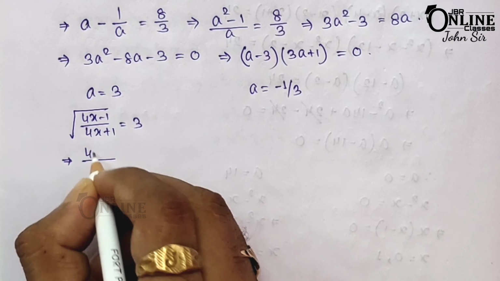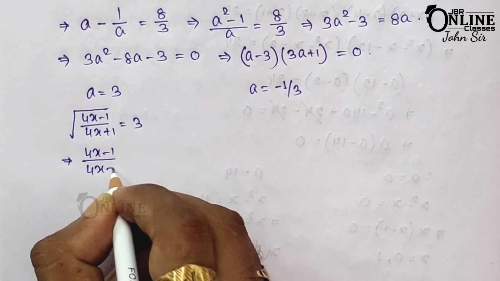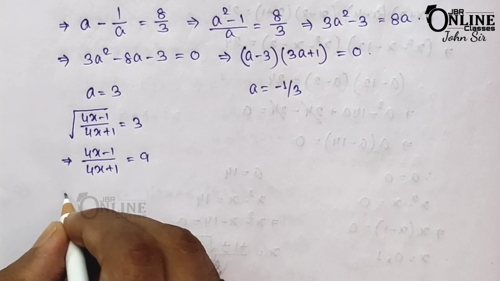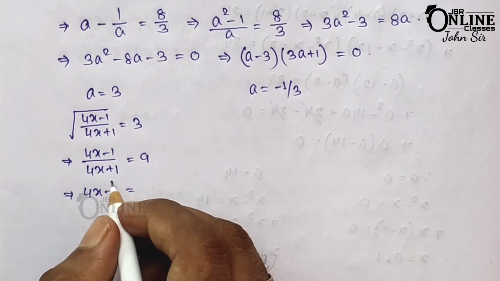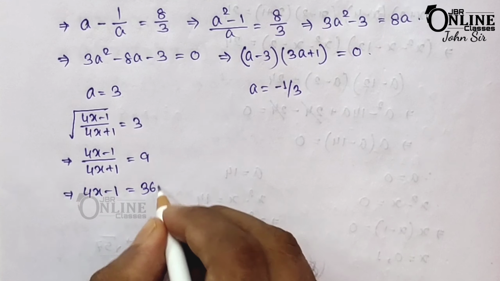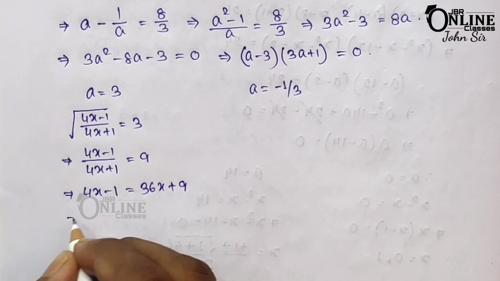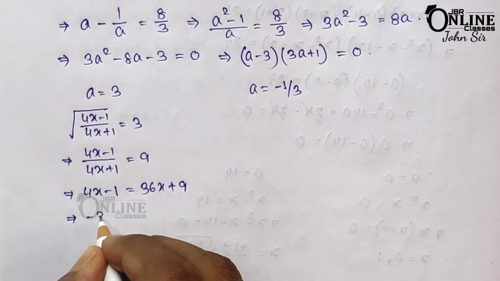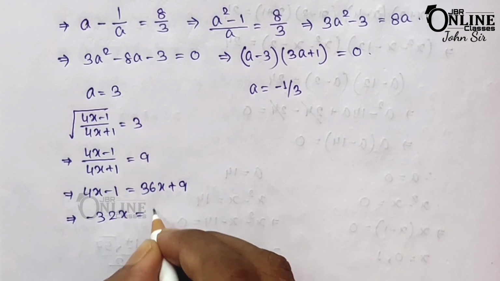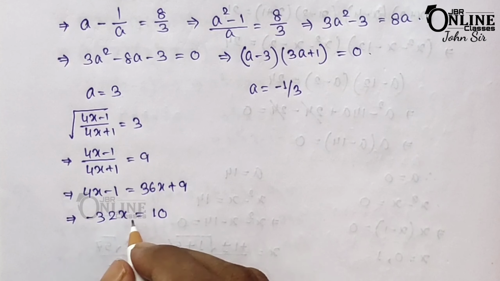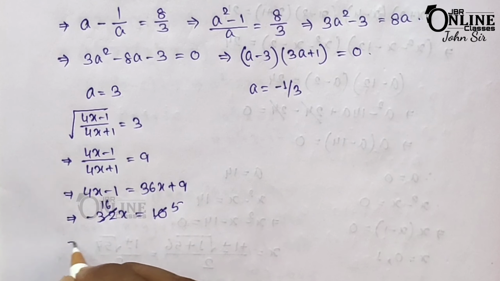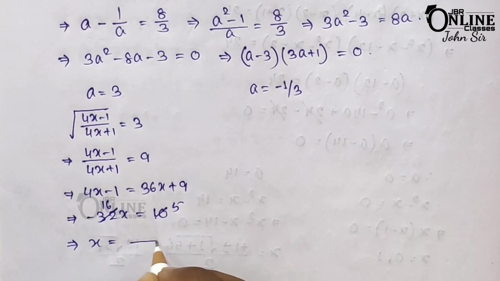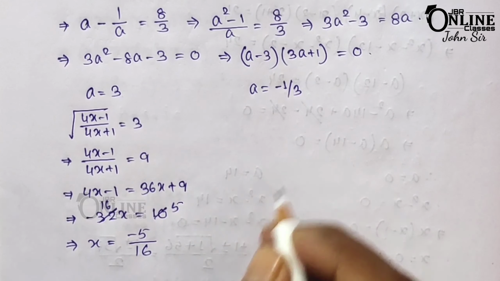Okay, so squaring both sides, you will get 9. So 4x minus 1 equals 9 into this one. So here minus 32x equals 10, so it's 16, it's 5. So from that x equals minus 5 by 16.